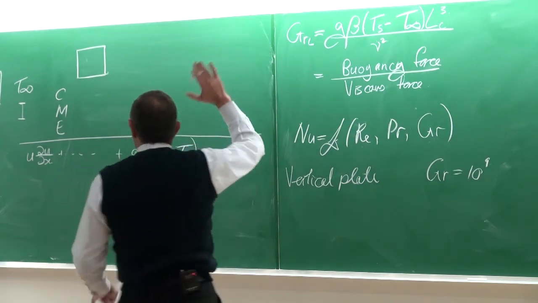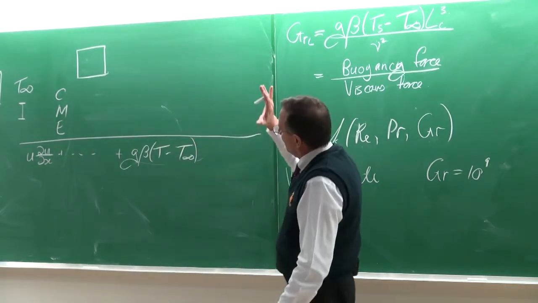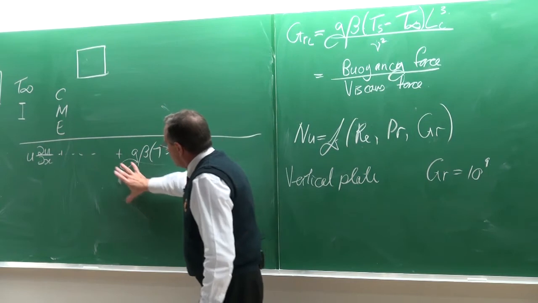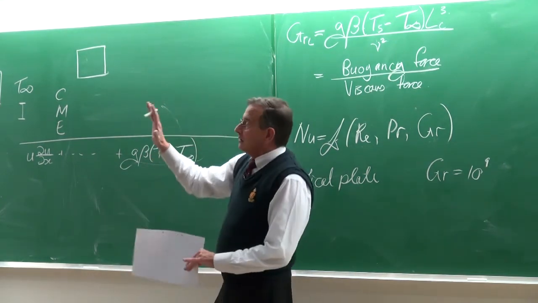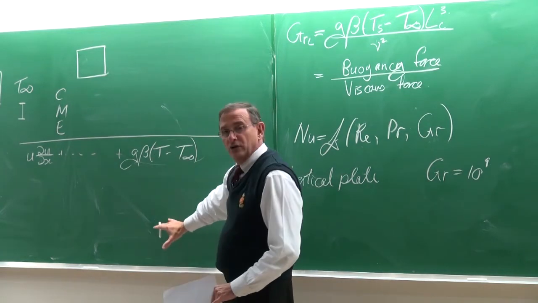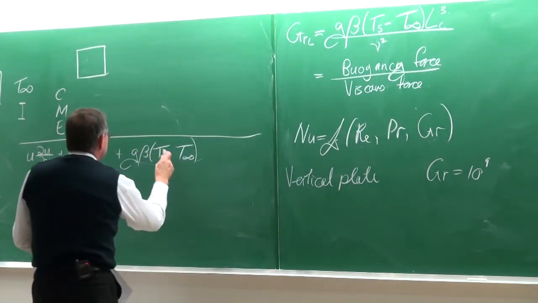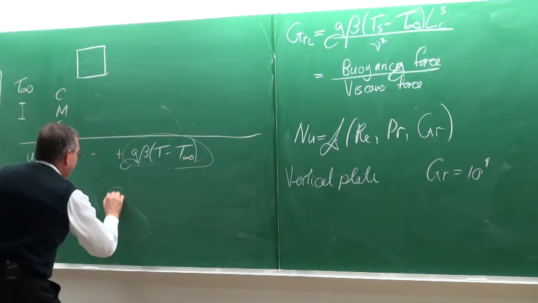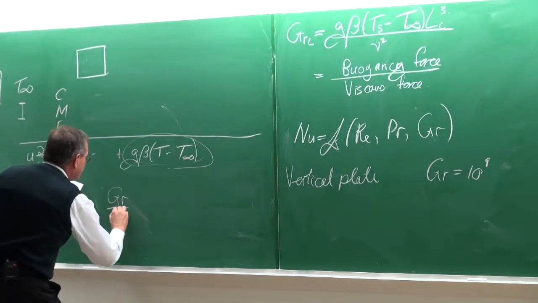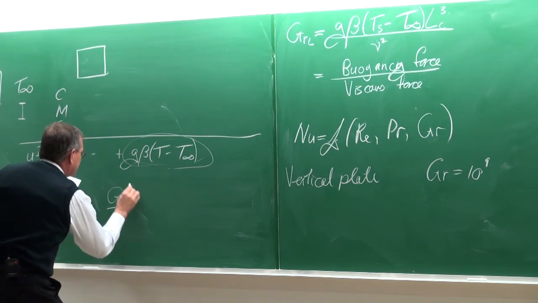Now, unfortunately, and that is very unfortunate with the PowerPoint, there is also some more detail in the equations here which we don't have time to write down now. But in these equations, we are going to have a Grashof number divided by Reynolds number squared.